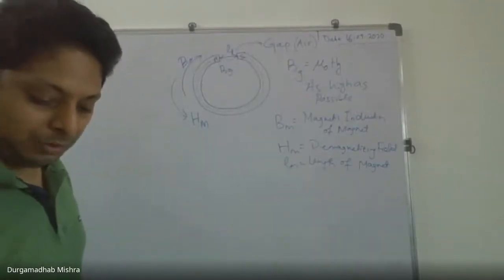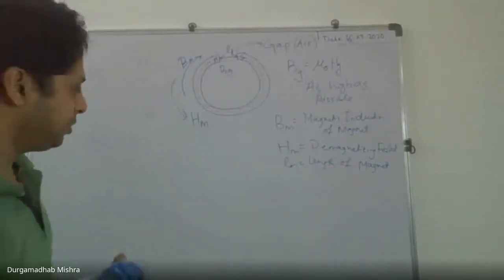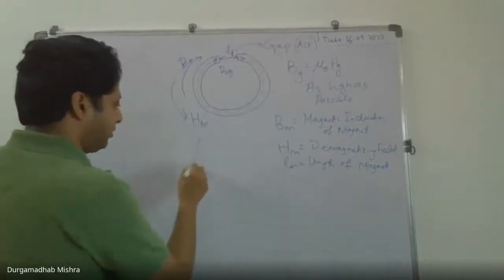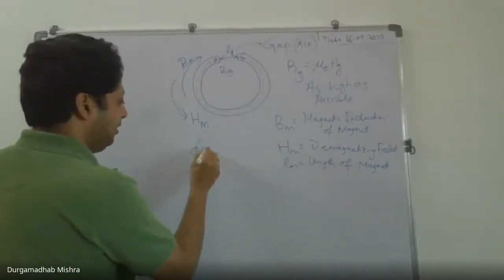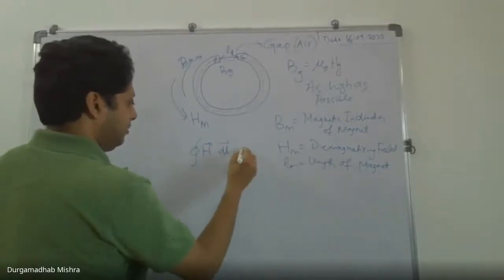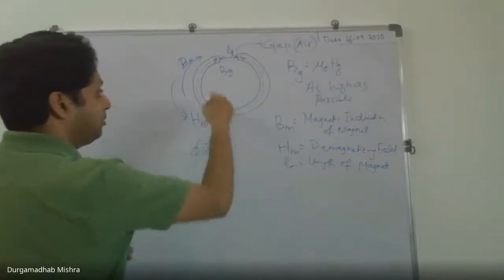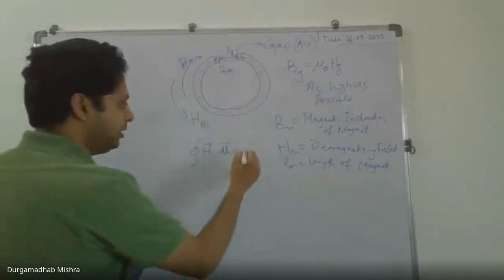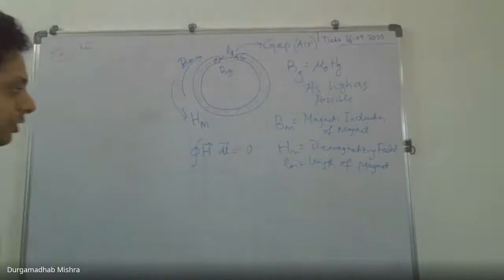Since there is no electric current, around this complete circuit, the closed integral of H dot dl will be equal to 0.